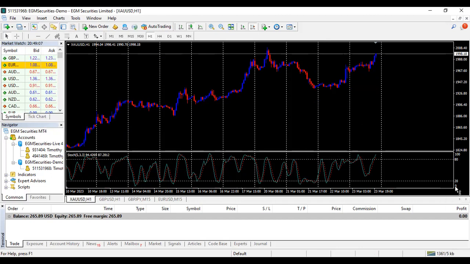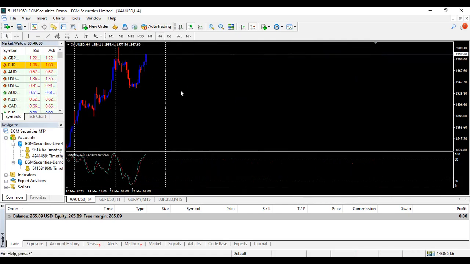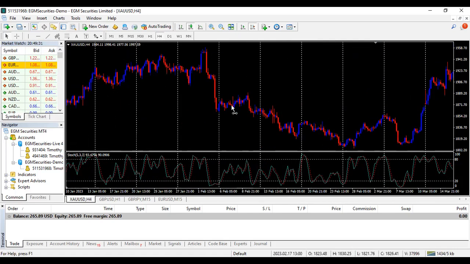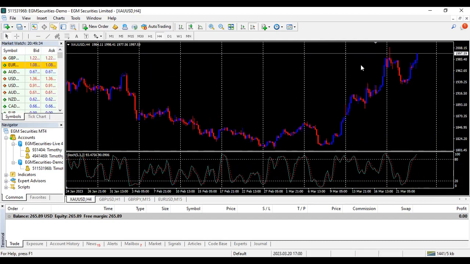And we said that it ranges from 0 to 100, as you can see here, 0 to 100. However, we said that when it is between 20 and 0, it shows that the market is oversold, and therefore we look to buy. And when it is between 80 and 100, this region here, it shows that the market is overbought, okay? And therefore we look to sell, okay?